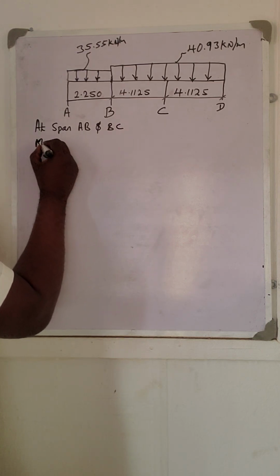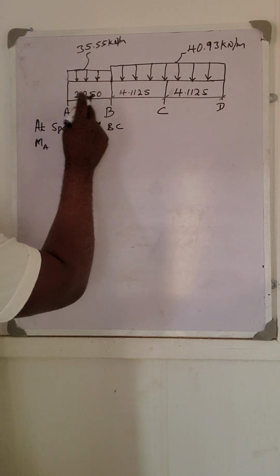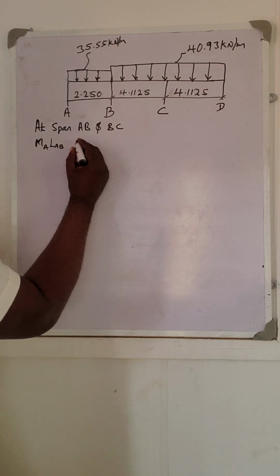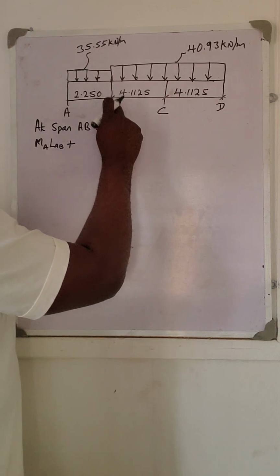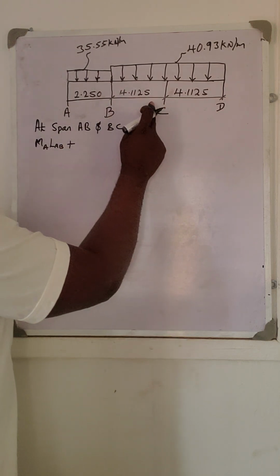MA, the moment at support A, multiplied by the span LAB, plus at B we have two spans, span AB and span BC.